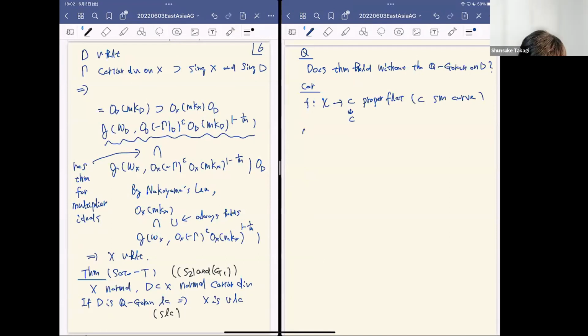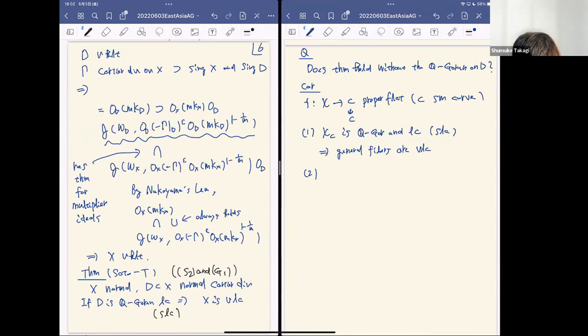The first assumption is if the special fiber is Q-Gorenstein and log canonical, then the general fibers are variative log canonical. Actually, if the special fiber is Q-Gorenstein semi-log canonical, then the general fibers are variative log canonical.